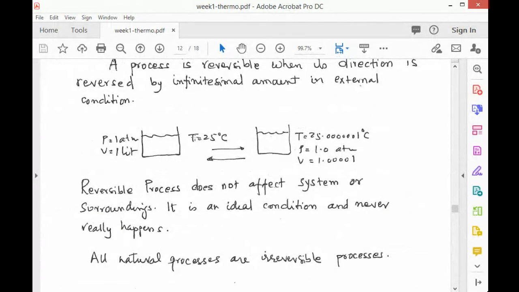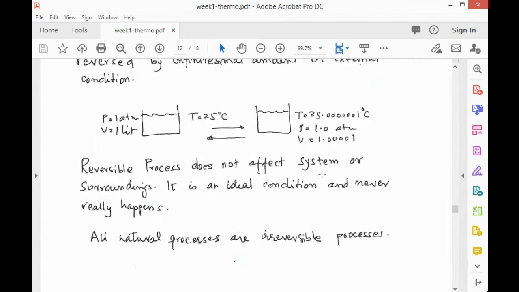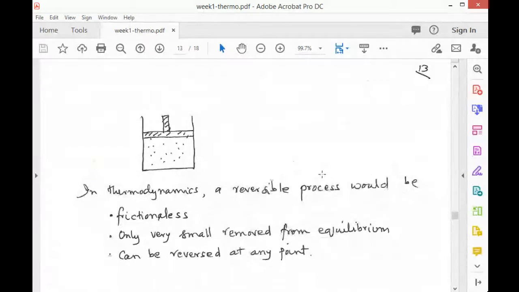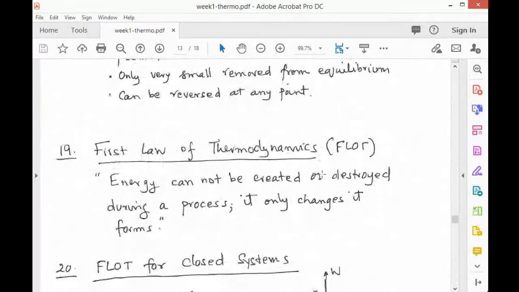If I go up, like 25 to 25.00001 degrees centigrade, and go back from this, maybe the process is reversible and I will reach 25. But if I go from 25 to 26, 27 degrees, the process may not be reversible. Okay. So this I told you. Now do you have any questions?